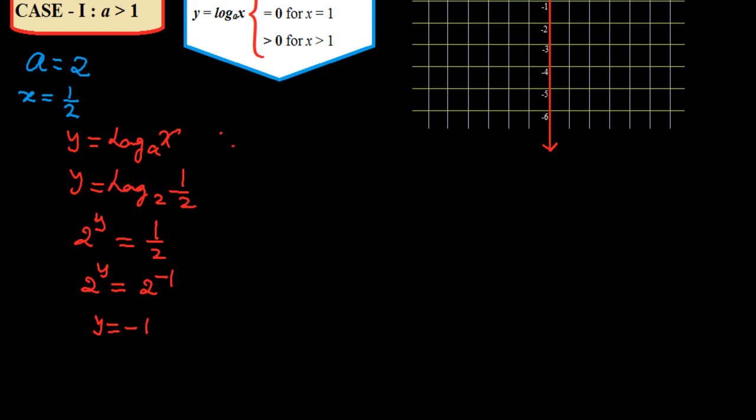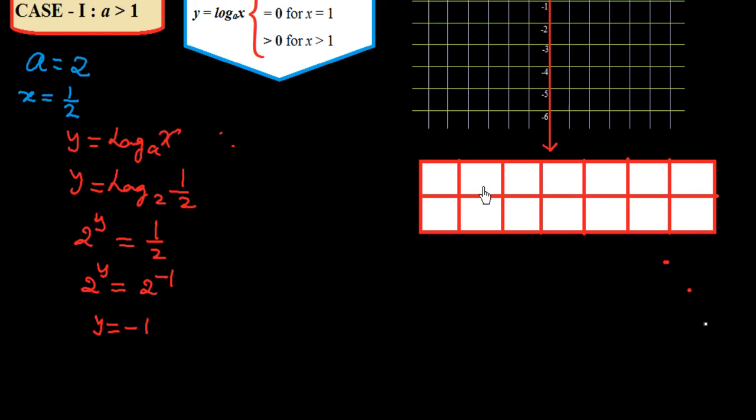So here I make one chart for this. Take one table here where we put x and this is our y. We put x is equal to 1 by 2, y is minus 1.